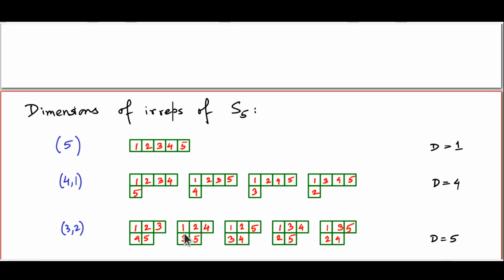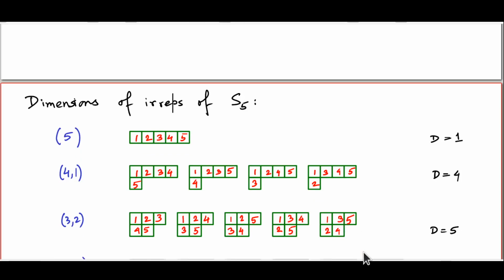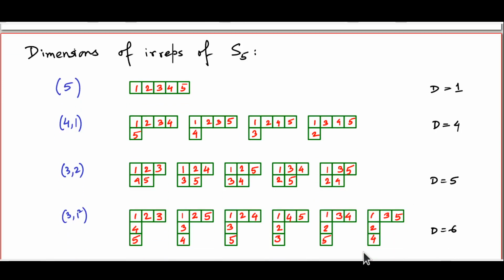But with this particular arrangement 1, 2, 3, we could also have 1, 2, 3, then 4 here, 5 here. And rather than put 2 in the next position, I could put 2 down here. So 1, 2, and then you could have 3, 4, 5, or 1, 2, then 3, 4, 5. 5 possible ways. 3, 1 square.